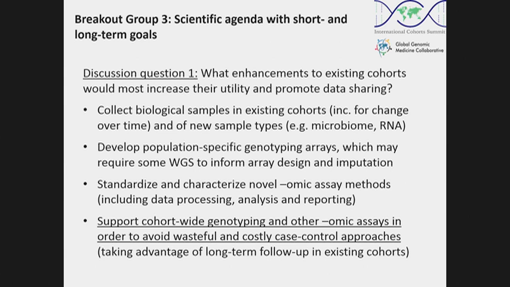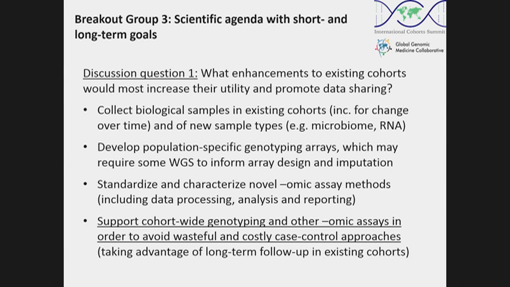And we tended to consider them separately, although they're clearly related, by which I mean that if one can improve and increase the utility of existing cohorts, particularly taking advantage of the fact that the existing cohorts have long-term follow-up, which of course has enormous value in doing things sooner rather than later, then that would also promote the value for data sharing, and particularly deal with the second question around the scientific utility of a cohort of cohorts.